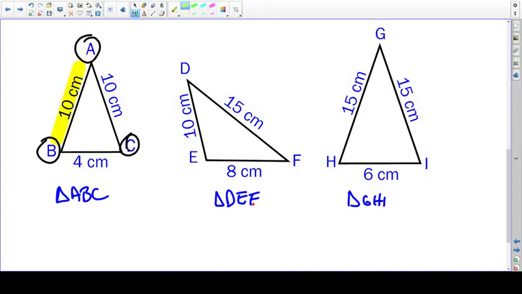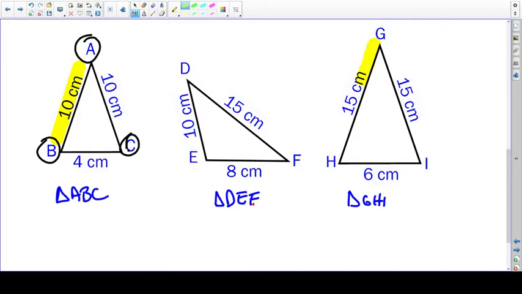Which of the sides in triangle GHI does that match up with? Now, in this particular question, there might be 2 possible answers. In most questions, there would only be 1 possible answer. More than likely, the answer that would make sense here would be side GH.